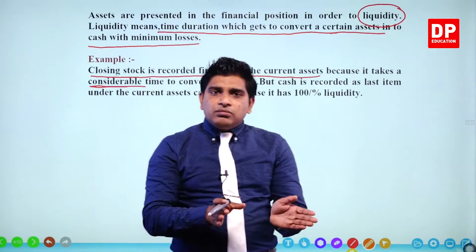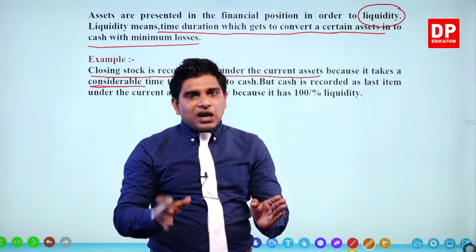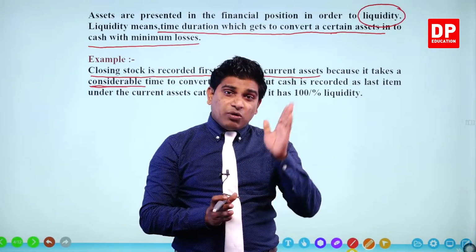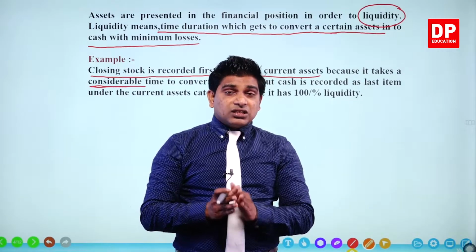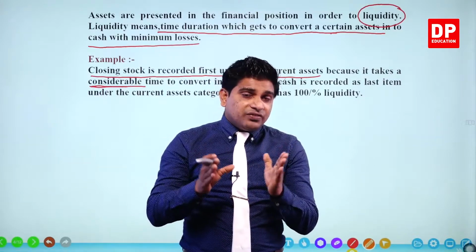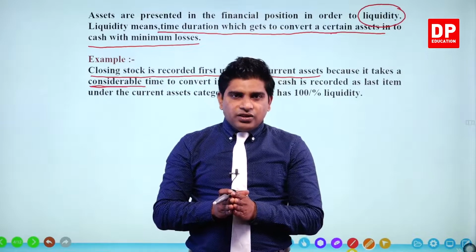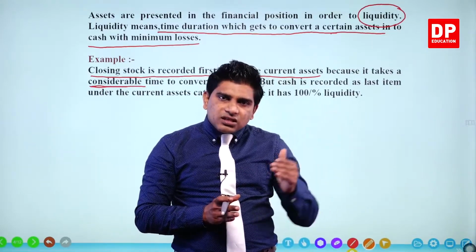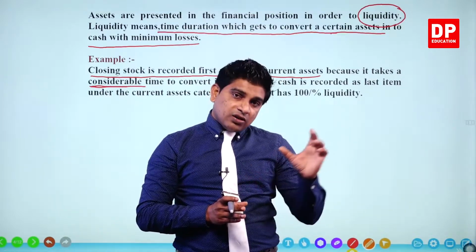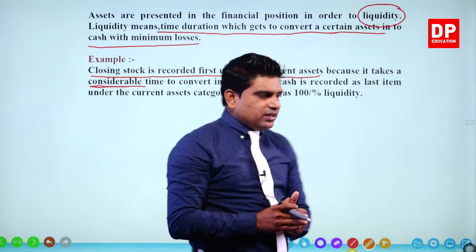No time you have to take to convert money into money. Why? Money is money. 100% liquidity is there. But think about land. It takes a long time to convert into money. 100% liquidity is for cash. Right? When you write these details in the statement of financial position, you have to enter these details in order of liquidity. When we practice it, it's very easy for you, right?